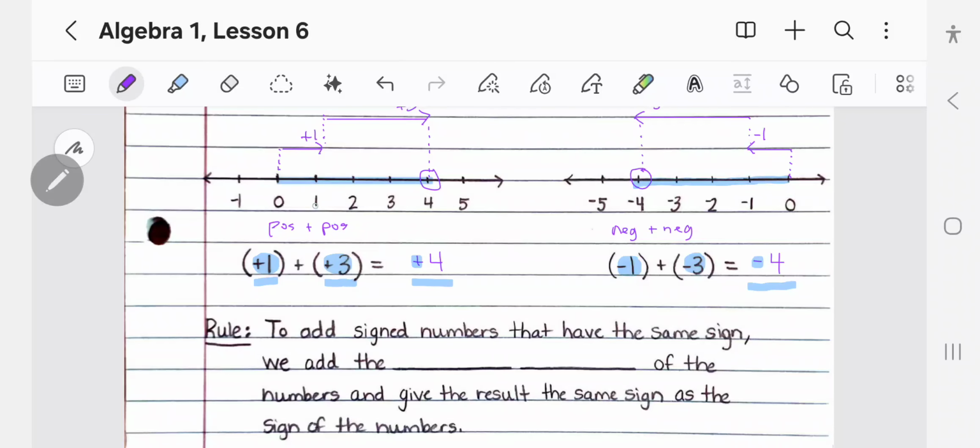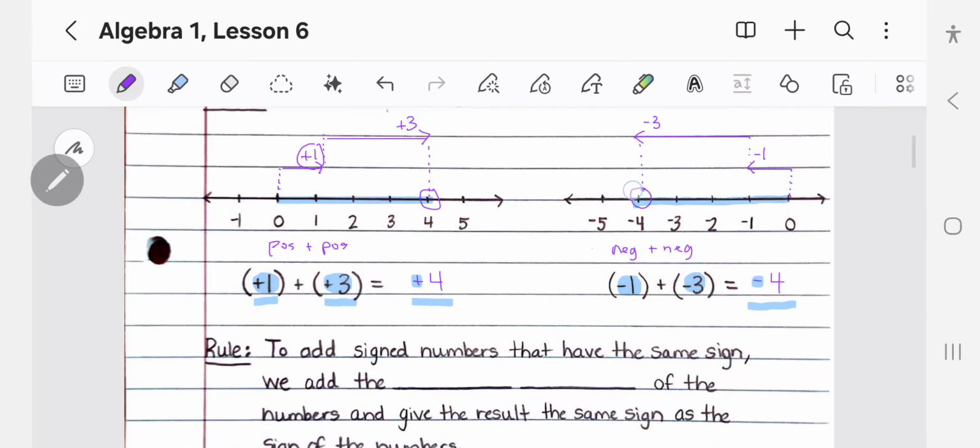Notice that with the first one that we did, +1 plus +3, we traveled 1 in the right direction and 3 in the right direction. Notice over here on this example, we still traveled 1, but it was in the left direction, and we still traveled 3 in the left direction. Both of them were traveling 1 and 3. The only thing that changed is which direction we went in.